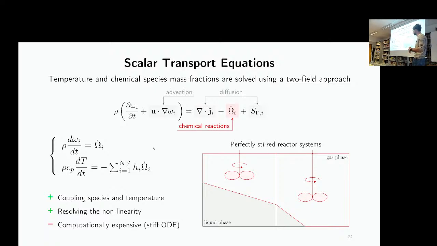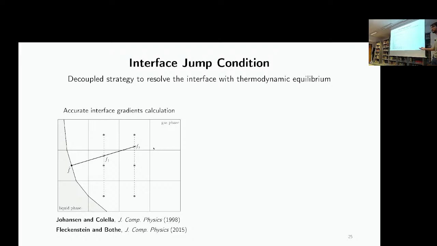It's a nonlinear function of temperature and all the other chemical species in the domain. So in order to preserve this coupling and to tackle the nonlinearity of this term in an implicit manner, we resolve it in a fully coupled stiff ODE system in each cell. The advantage of this method is that each cell is an independent reactor, so it does not depend on the neighboring cells.